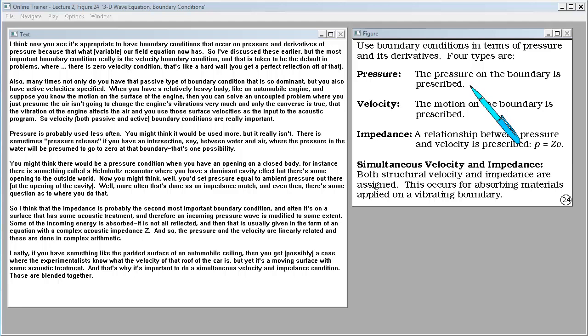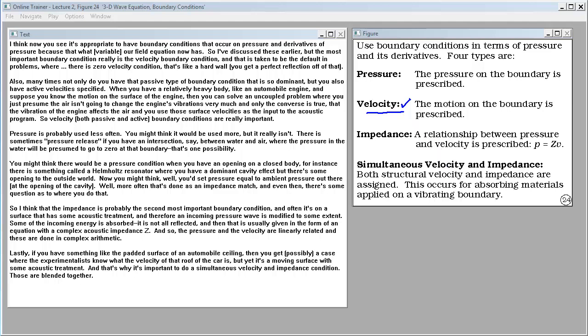I've discussed these earlier, but the most important boundary condition really is the velocity boundary condition, and that's taken to be the default in problems where if there's zero velocity condition, that's like a hard wall, you get a perfect reflection off of that. Also, many times, not only do you have that passive type of boundary condition that's so dominant, but you also have active velocity specified when you have a relatively heavy body like an automobile engine.